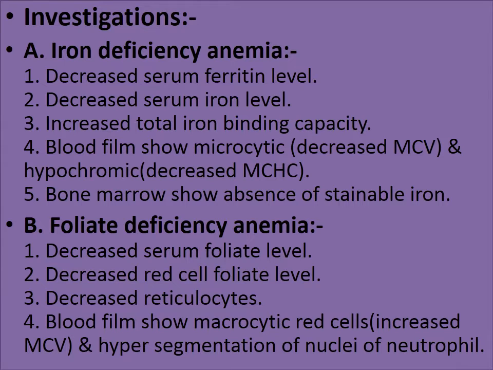Now we come to the investigation that should be done to conclude what type of anemia the patient has. In iron deficiency anemia, there is decreased serum ferritin level, decreased serum iron level, increased total iron binding capacity, and a blood film showing microcytic hypochromic red cells.